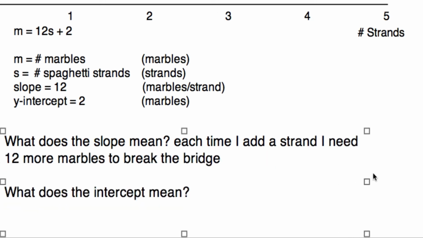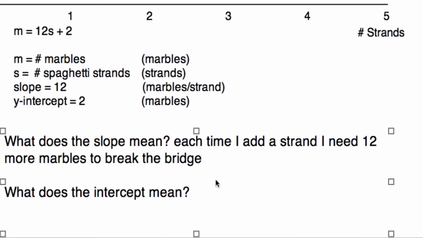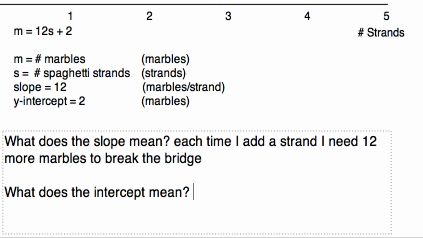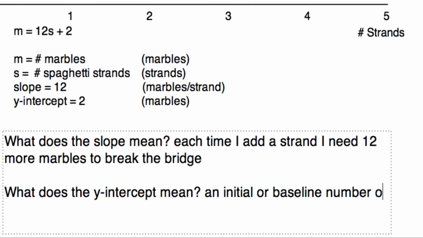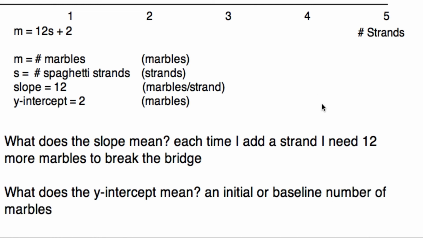Now, the last thing, what does the intercept mean? What the y-intercept means, in general, is an initial or baseline number of marbles. So that's the first part of what the lab was about.